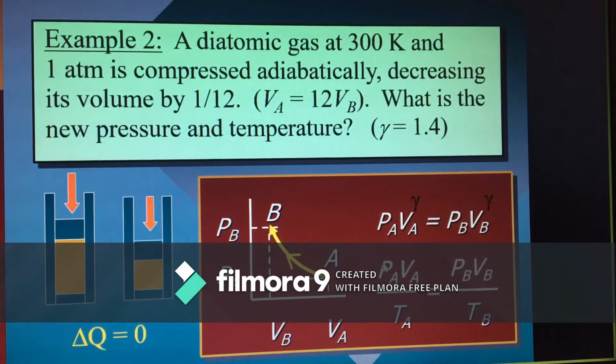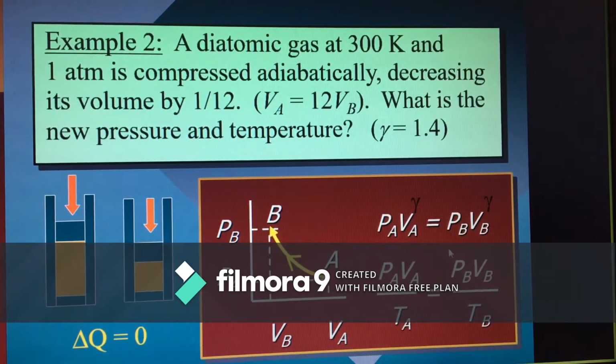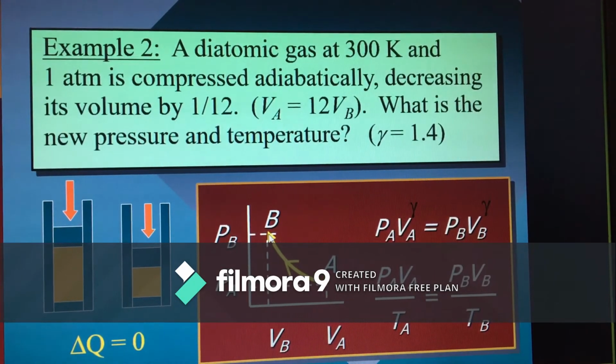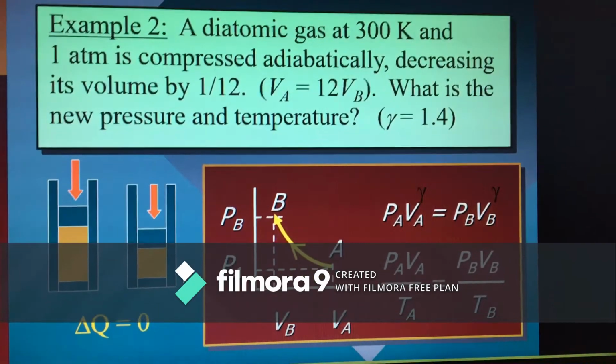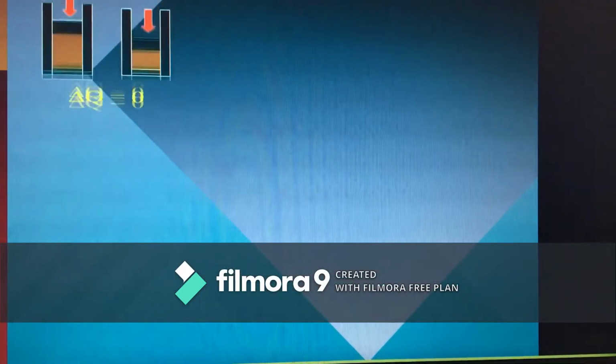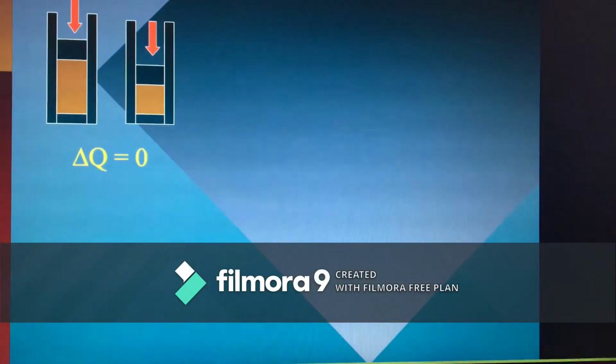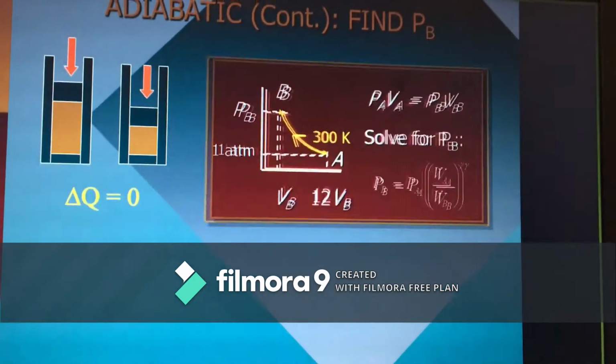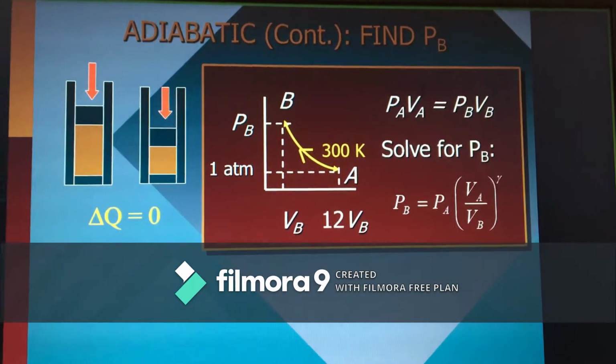So from adiabatic process, ito yung formula, class. For adiabatic process, remember this. Okay, so we will use that formula. So, again, in this process, delta Q is equal to 0.